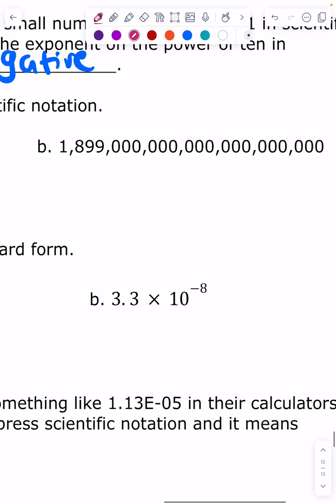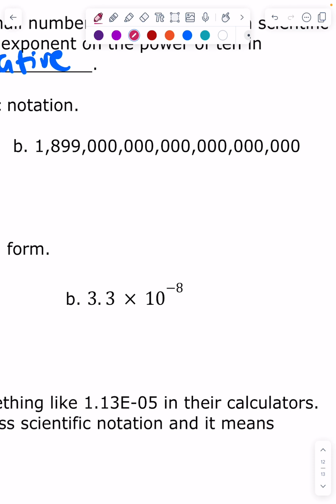Example B. Oh my goodness. So again, I'm going to start by putting my decimal where it would go to be a number between 1 and 10. I don't even know how to read this number to you. It's 1,899, and then 1, 2, 3, 4, 5, 6 sets of 3 zeros.